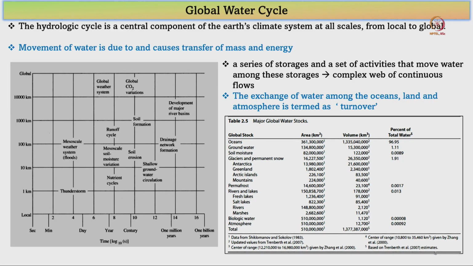And why am I talking about these kinds of stocks and values? It is because oceans are a final sink. Okay. Oceans are a final sink, and extremely important for sustaining life on earth. It is absolutely necessary to maintain the ocean health. But the other stocks that I am going to talk about, for instance the rivers, the lakes, the glaciers, groundwater, soil moisture, they actually allow all the terrestrial activities to happen.